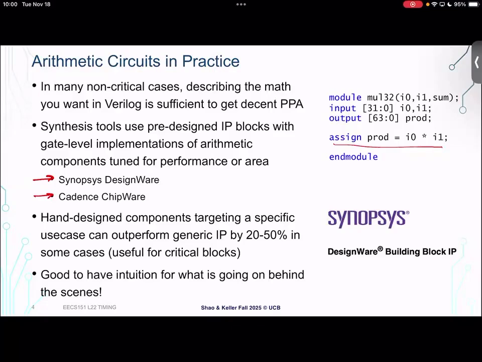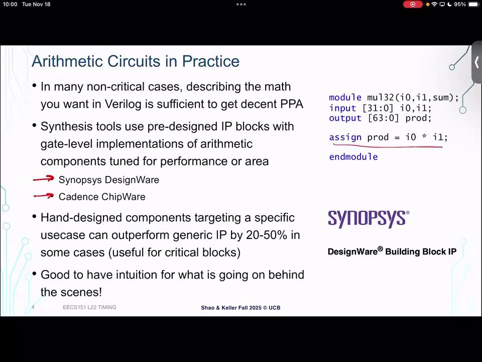So that's what you will do in practice most of the time, and that tends to be good enough. I think a lot of early digital designers assume that these arithmetic circuits from the vendors must be totally optimized and there's nothing else to do there. That's definitely not the case. These are pretty good, trying to cover everyone's use cases. But if you have a really critical block, like say a tensor core in a GPU, you're not using DesignWare components, right?